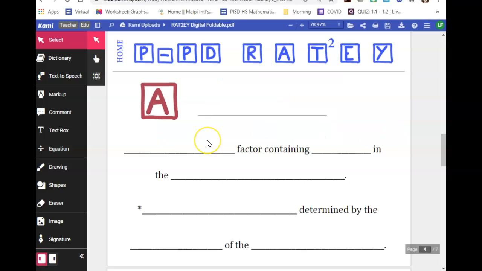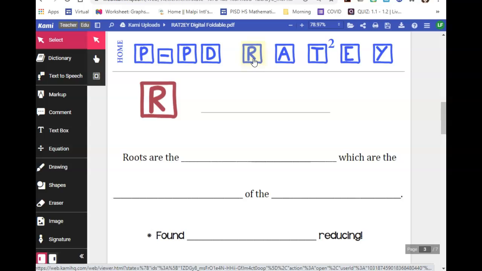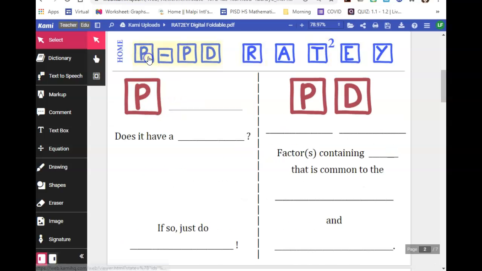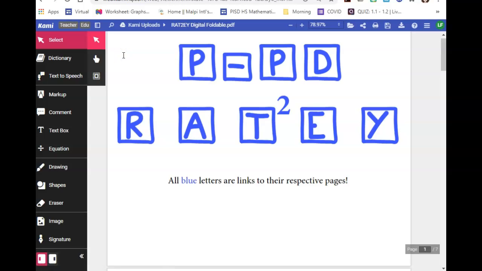Let's see what A is, so here's the A page, but we skipped R, so we could go back to R. So even the blue letters up here and the blue letters in here, they are all links to those pages, so it's kind of like being able to flip through a foldable.